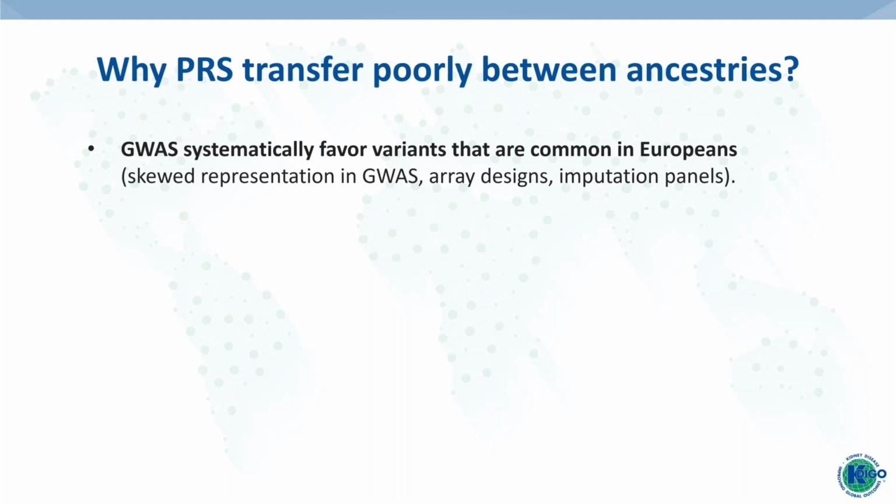This bias also involves early array designs, which were also biased towards European variation, as well as imputation panels, which were less diverse in the past. And that actually has changed more recently. They're more diverse, in an effort to eliminate this bias, but some of the earlier GWAS studies are still profoundly affected by these design considerations.